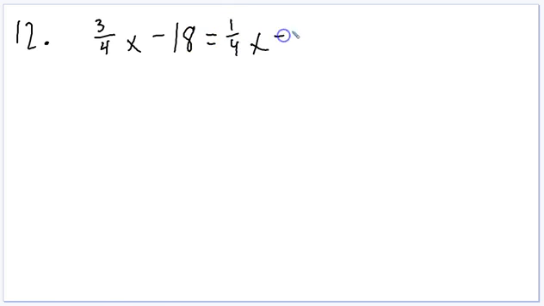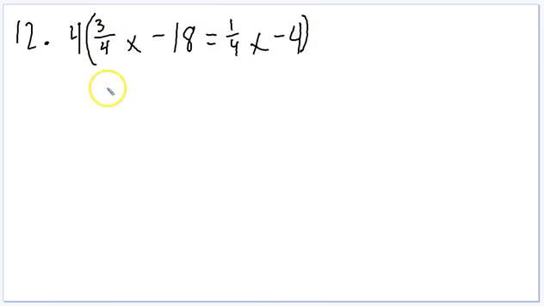We're getting more into the fraction problems now. Decimals are coming soon. So we get 3/4 x minus 18 equals 1/4 x minus 4. Multiply the whole entire thing by 4.